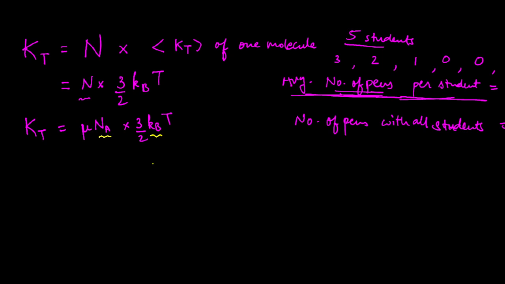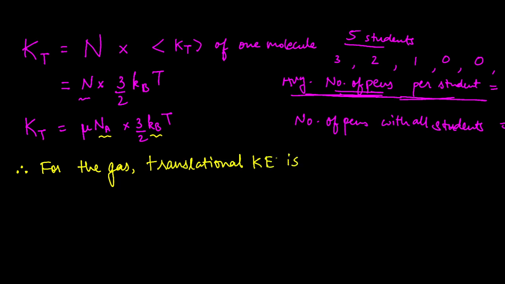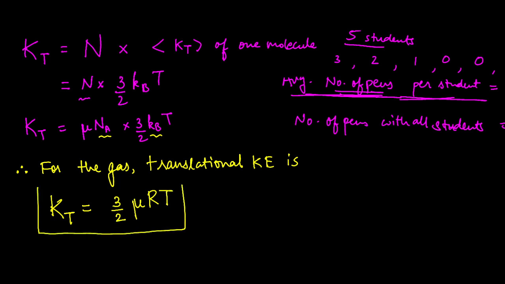Okay, so if I do that, we have one more simple relation to use. Na into Kb. What is Na into Kb? R, Na into Kb is R. So this will become 3 by 2 mu, Na into Kb is R and T. Okay.